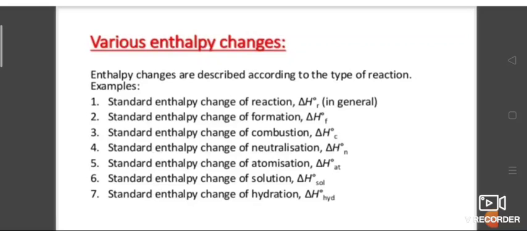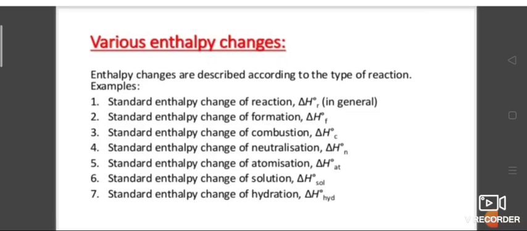Here various types of enthalpy changes are there. What are the types of enthalpy changes? Standard enthalpy change of reaction, formation, combustion, neutralization, atomization, solution and hydration. The first letter of that particular term will be used near H to mention it.